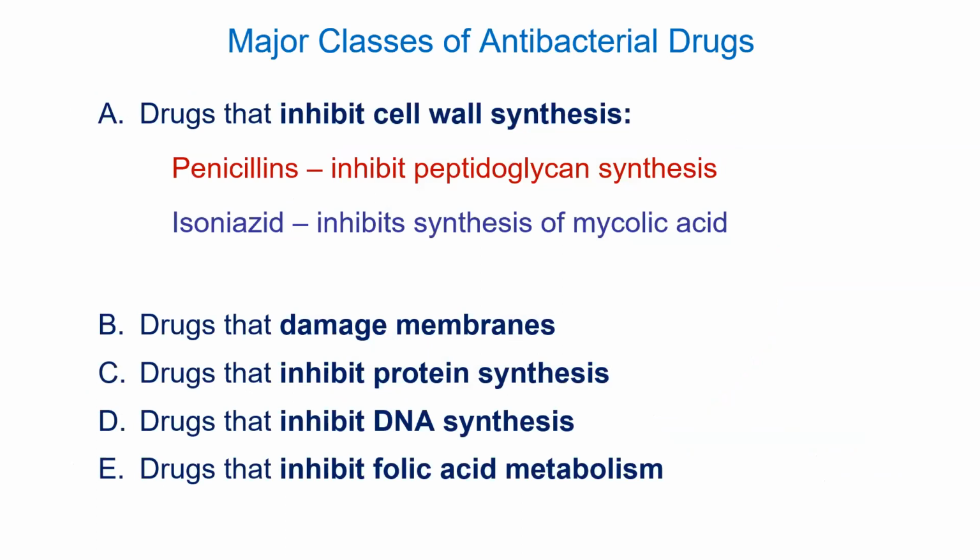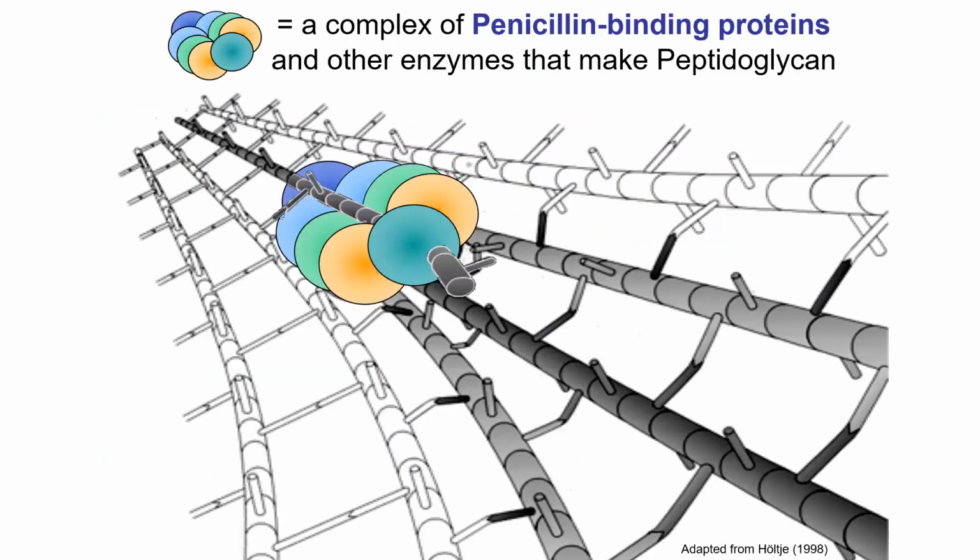Like I said, this is the biggest group of drugs, the most important group of drugs historically, and even to this day, probably the most important group of antibiotic drugs. And these inhibit peptidoglycan biosynthesis. So let's talk a little bit about that and how they work. There's a whole bunch of enzymes involved in cell wall construction in bacteria, and these enzymes go by a whole bunch of different names.